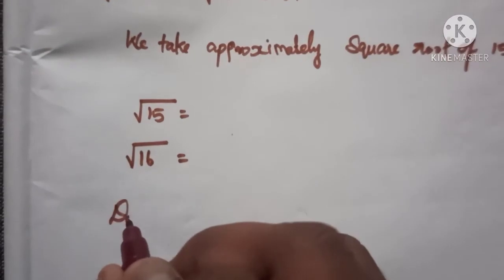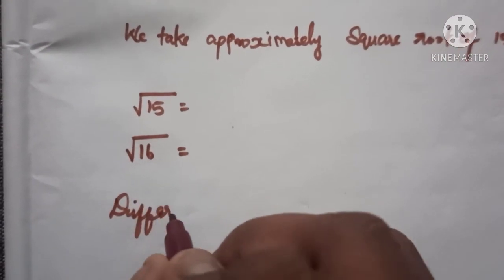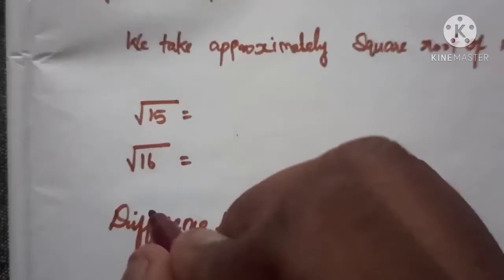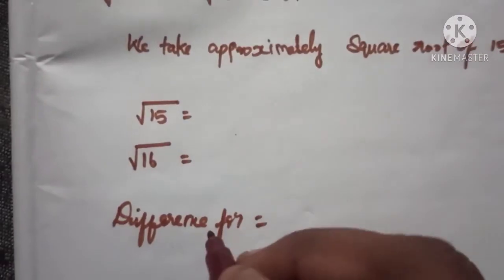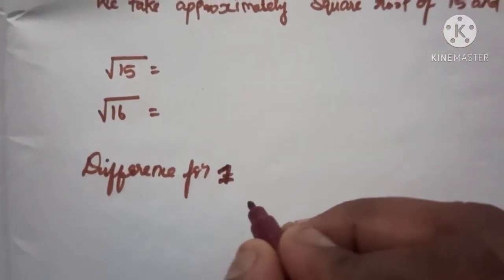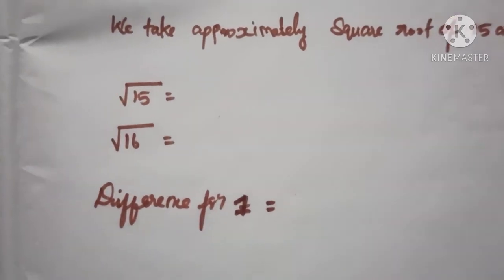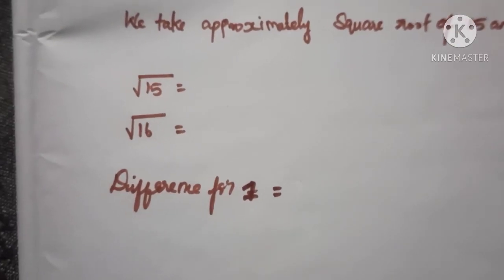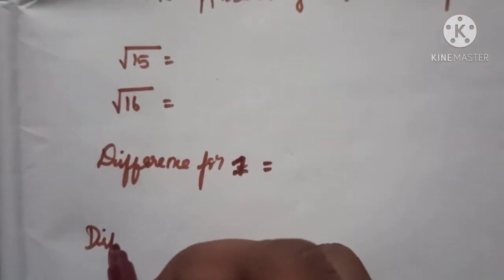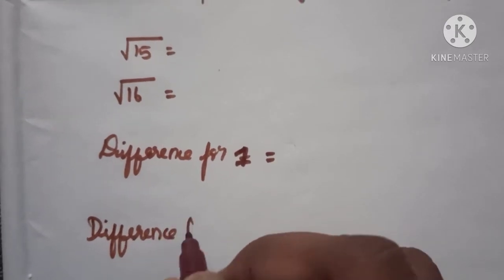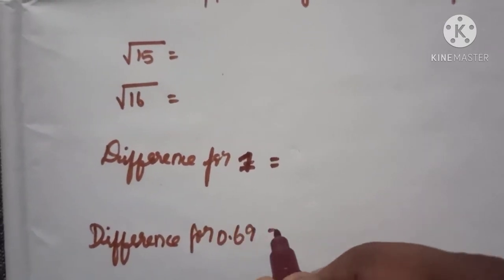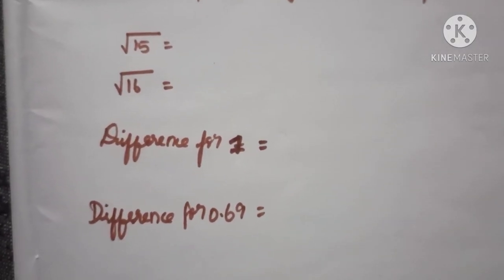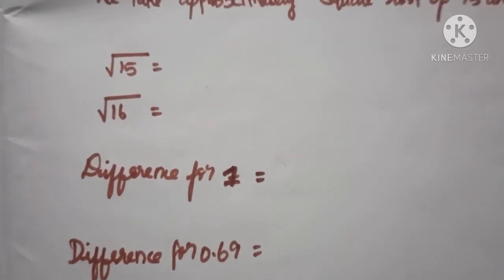For that, difference for, you compare this whole number, integral part 16 minus 15, the difference for 1. Difference for 1, you need to find out the value by subtracting these two values. Okay, and next what you need to find out, you need to find out the original difference. Difference for 0.69. Now we need to go and check the table and we note down the values.